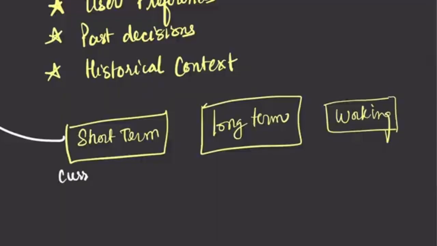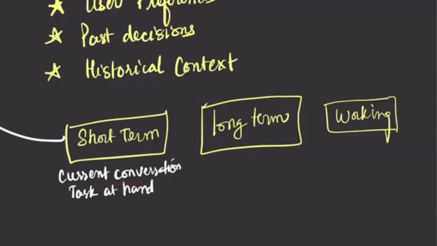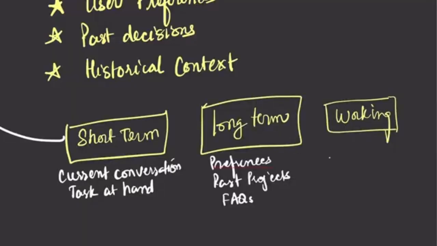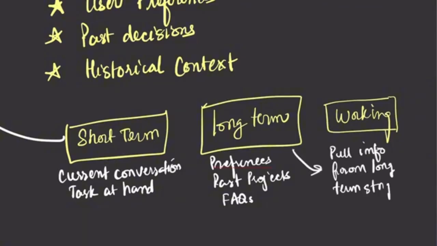There are different types of memory that AI agents can use. There's short-term memory, which keeps track of the current conversation and tasks at hand. There's long-term memory that stores information across multiple sessions, like your preferences, past projects, frequently asked questions, and successful strategies. And working memory is what the agent actively uses during reasoning and decision making, pulling relevant information from long-term storage when needed.